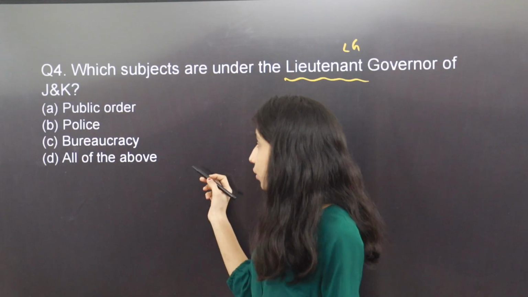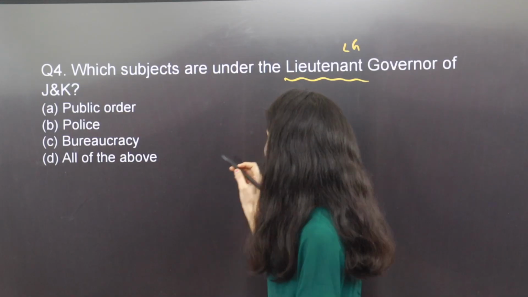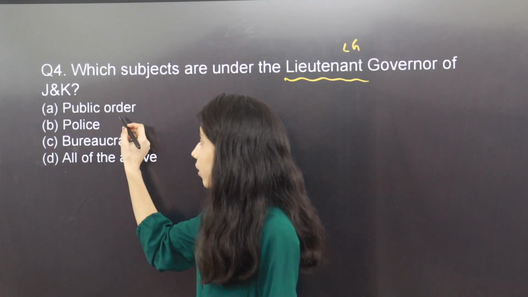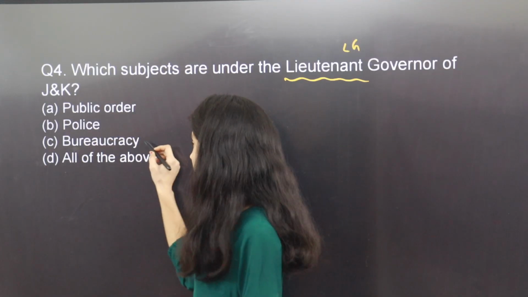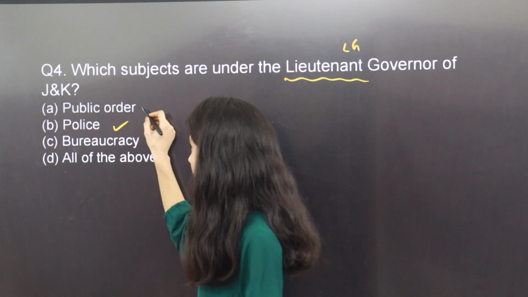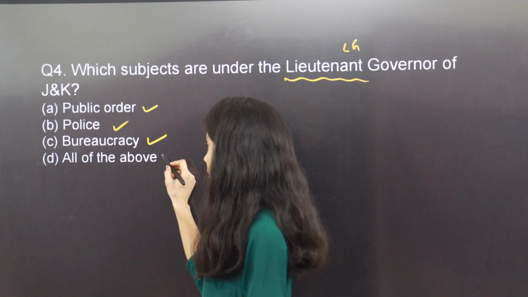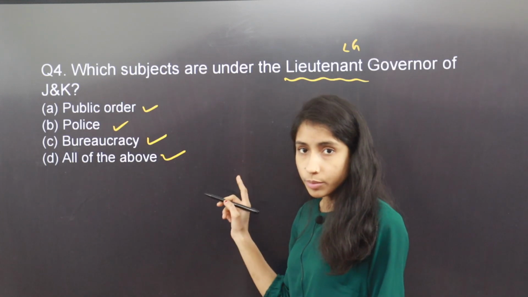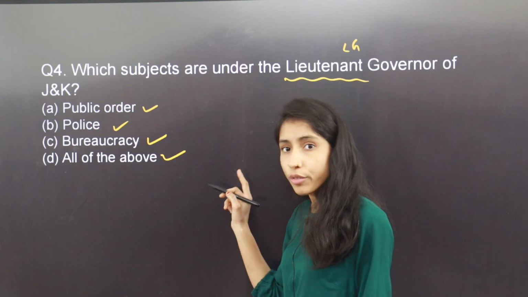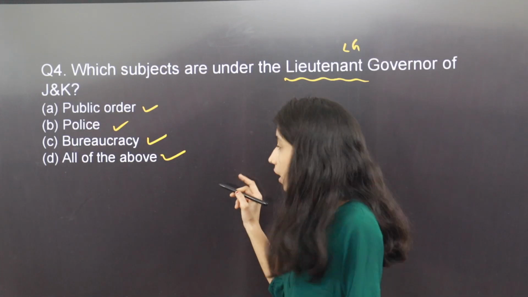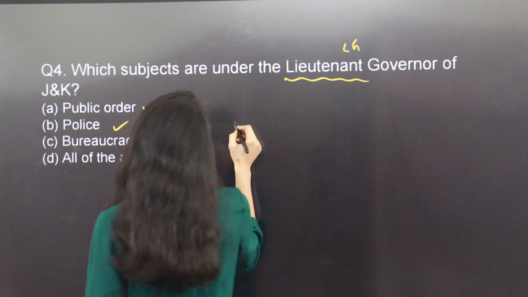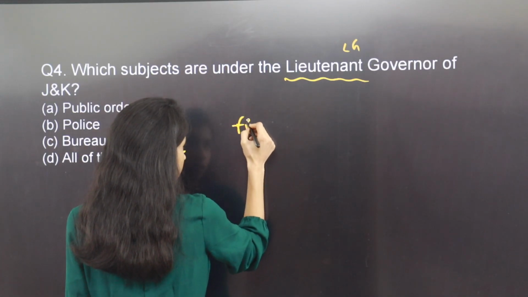I have already told you in the previous question that the LG can make laws on public order and police, and also bureaucracy. So the correct option is all of the above. And there is one more subject under the LG of J&K. What is it? It's the Finance Bill.